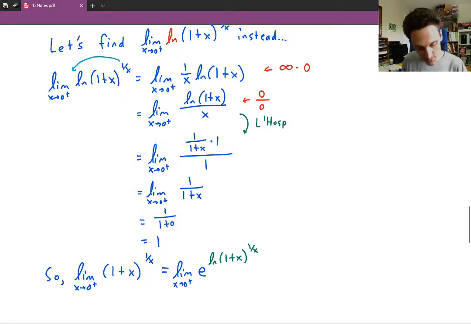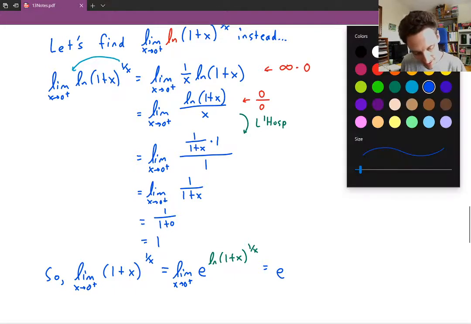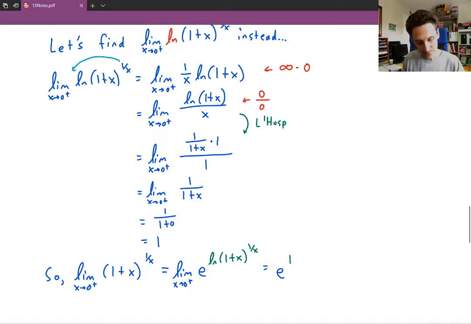So that stuff in green there, the ln 1 plus x to the 1 over x, that whole thing is 1. So our answer is e. The limit as x approaches 0 of 1 plus x to the 1 over x is e.